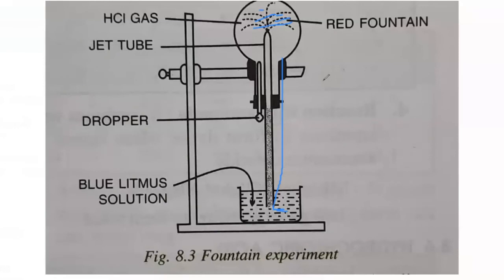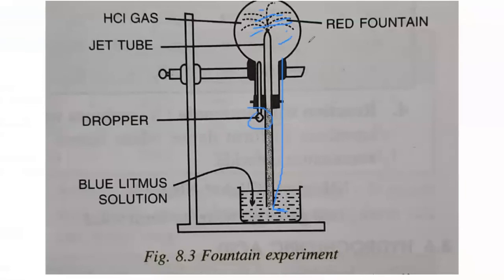Clear? So this shows two different things. One, it is showing extremely high solubility, because since we are pressing this dropper, water comes out, isn't it? That water dissolves HCl, creating a vacuum in this flask. And that vacuum is created means, to fill that up, due to atmospheric pressure, the liquid will move up and then we see a red fountain.